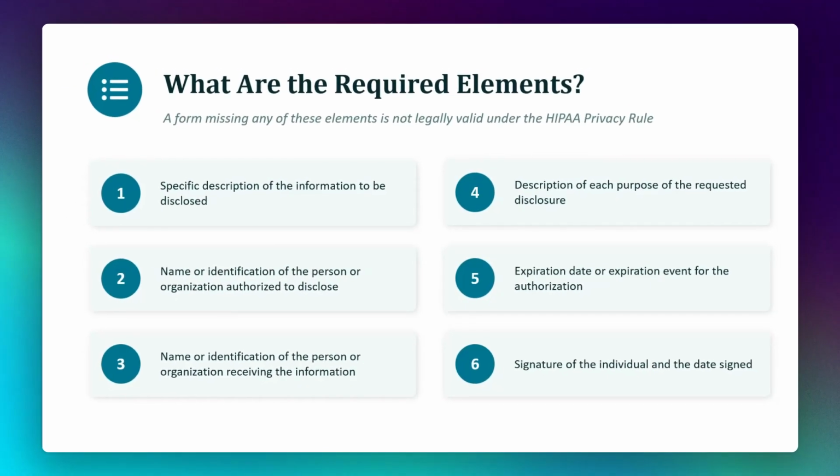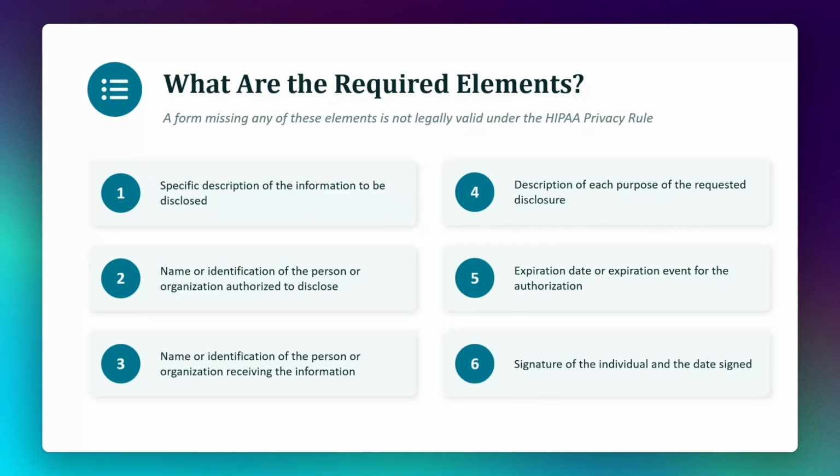The patient needs to know that they have a right to revoke the authorization at any time in writing, and whether signing the form is a condition of receiving services, and whether the person or organization receiving the information might redisclose that to others. You'll want to use a standard template so everyone in your organization is covered.